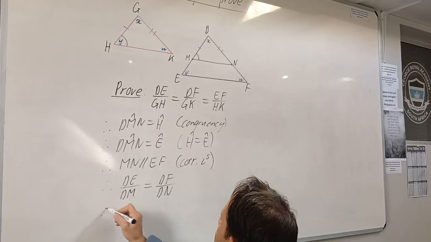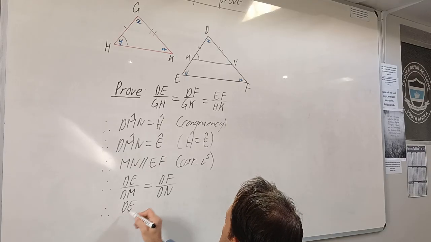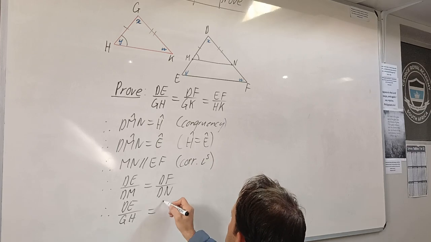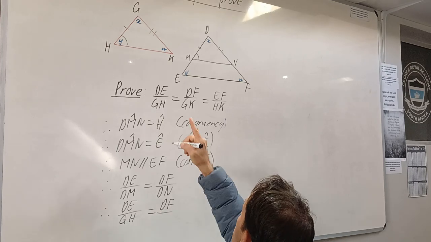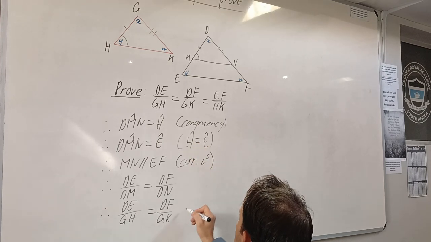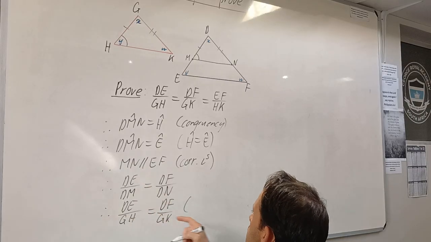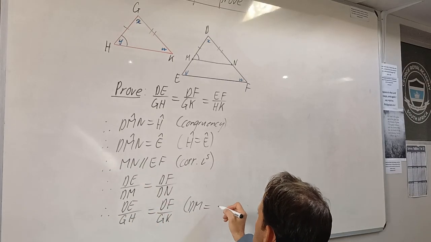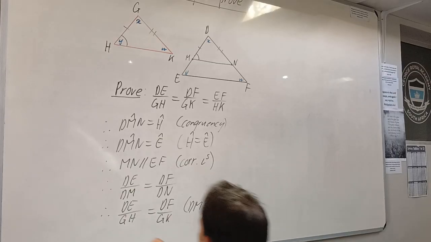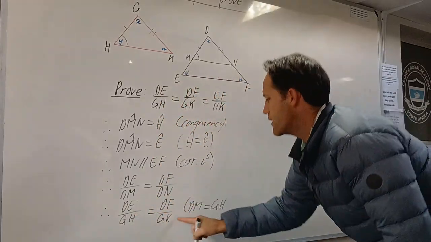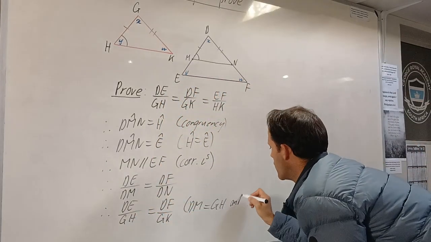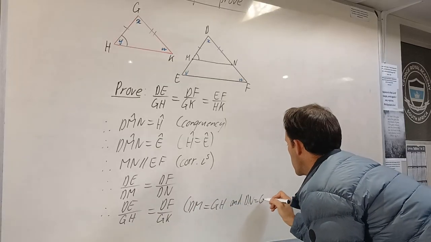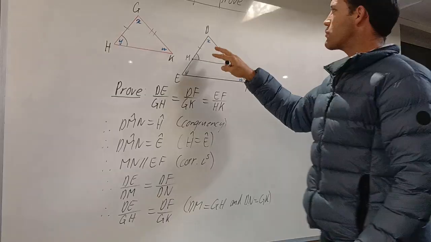And therefore DE over GH must be equal to DF over GK. Why? Because DM is equal to GH, those two are equal, and DN is equal to GK, because that's what we got from the start.